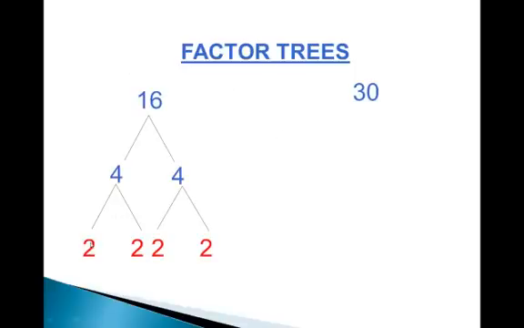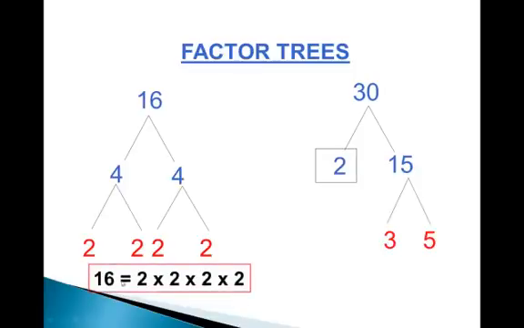So for 16, our prime factors are 2, 2, 2 and 2. And for 30, 2 and 15, 15 is a composite, 3 and 5. So for 30, our prime factors are 2 multiplied by 3 multiplied by 5.